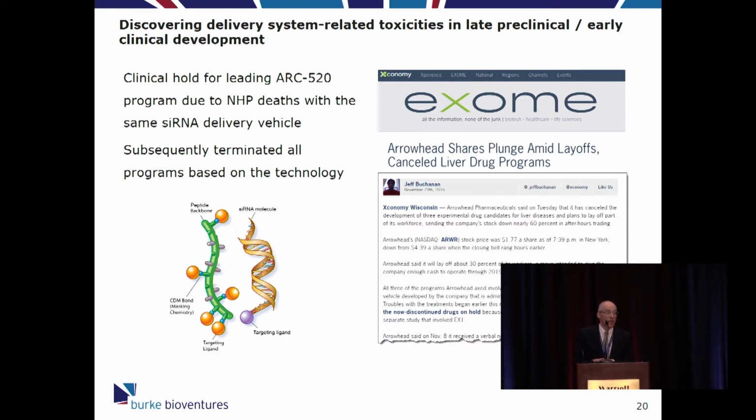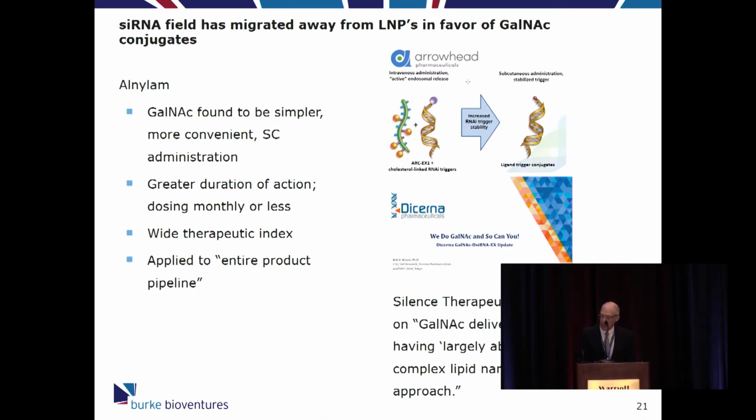You can learn the bad news after you spent the money, not the way you want it to unfold. So I think that it's significant that the GalNAc technology that you saw the mechanism of a moment ago, people in the field, in the siRNA field, have voted with their feet. So Arrowhead dropped their technology where they saw that toxicity in the monkey study. They terminated their program. They walked away from their technology platform and they switched.